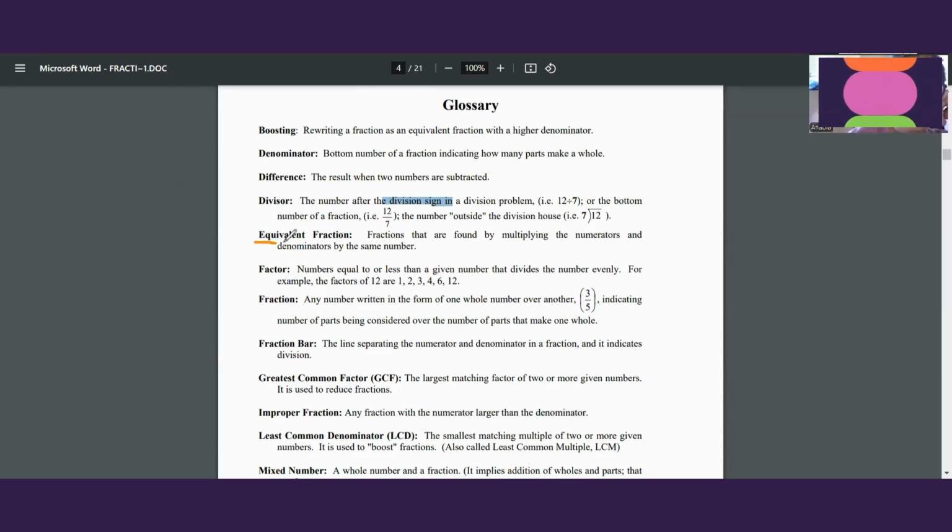And what is an equivalent fraction? It is found by multiplying the numerators and the denominators by the same number. Can you tell me an equivalent fraction of 5 over 4?